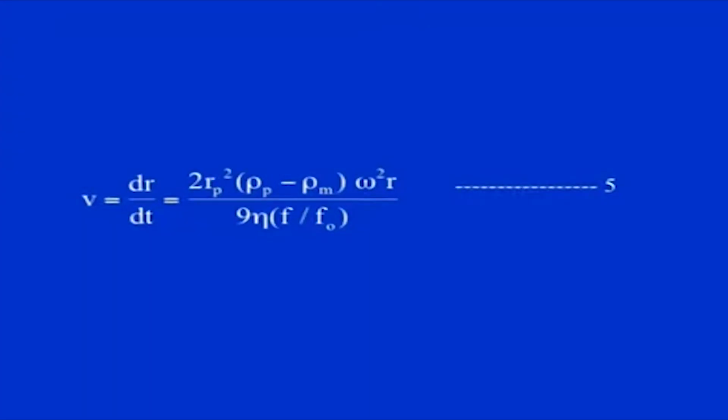The result is that the particle will sediment at a lower rate, and the equation will become this one, where you have to add another factor, that is, the frictional coefficient of the elongated or non-spherical molecule compared to that of a sphere.